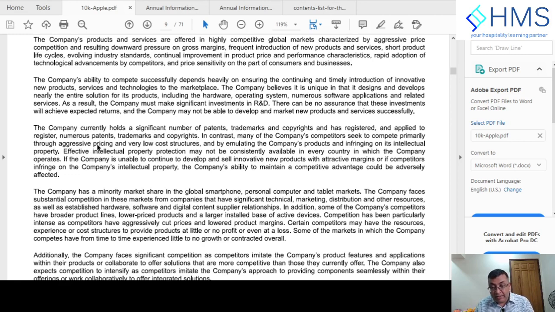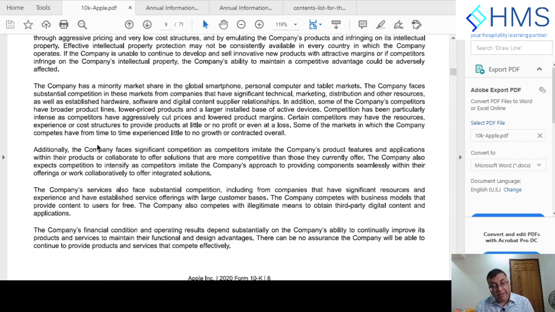But competitors may compete primarily on aggressive pricing and copying, or try to infringe the company's copyrights. You can also see the company has a minority market share in the global smartphone market, and faces substantial competition from companies that have significant technology, market and distribution resources.